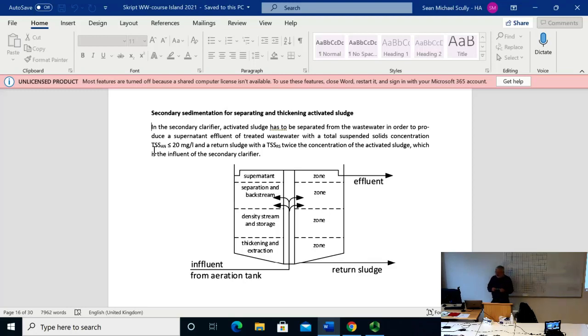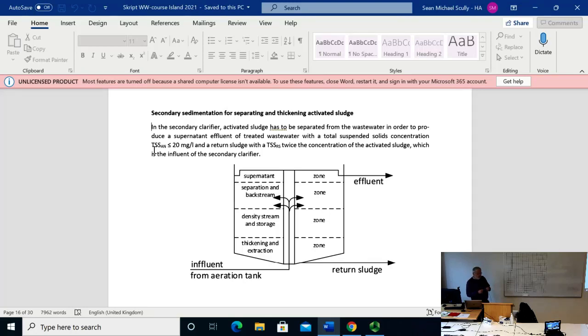And so you see, yes, the sludge can get to a higher density, and that gives us a little hope that you get a higher solid concentration.